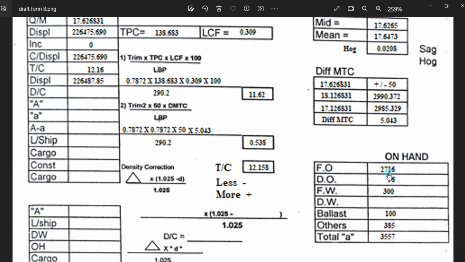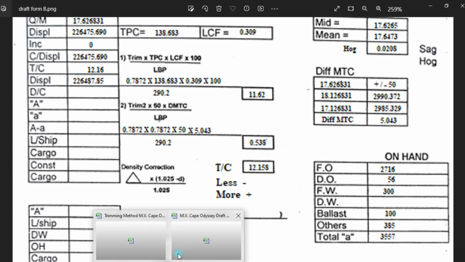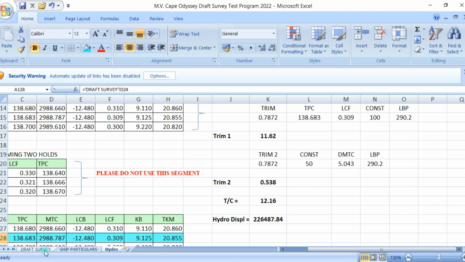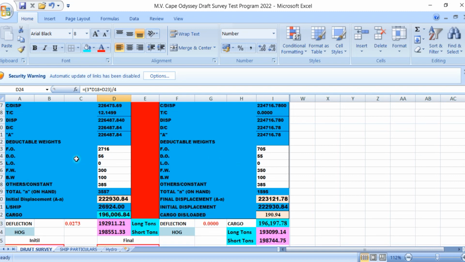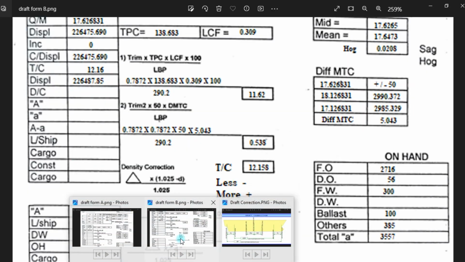So fuel oil on board will be 2716, diesel oil will be 56 metric tons, fresh water will be 300, ballast is 100, and constant or others is 35, with a total on hand of 3557. Okay, and that will be the same here.